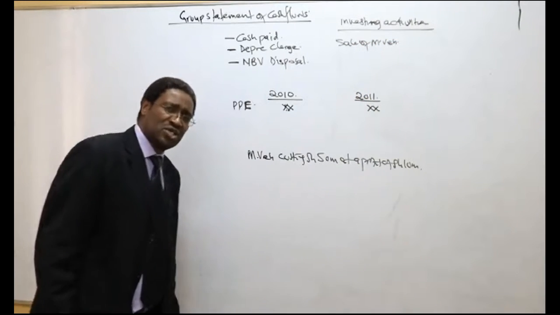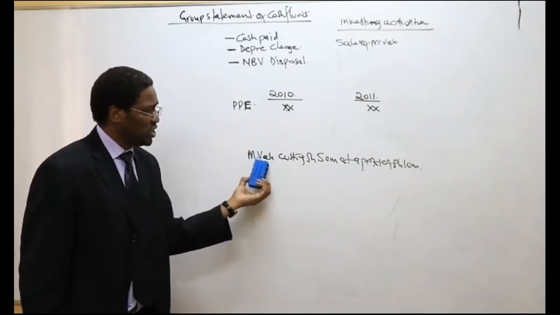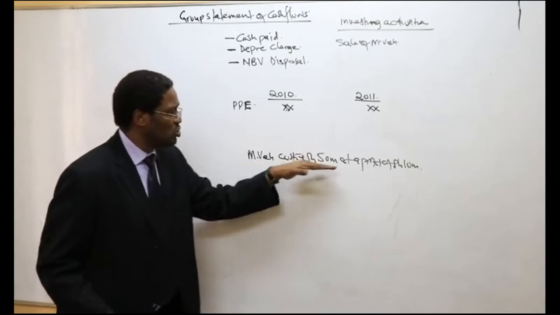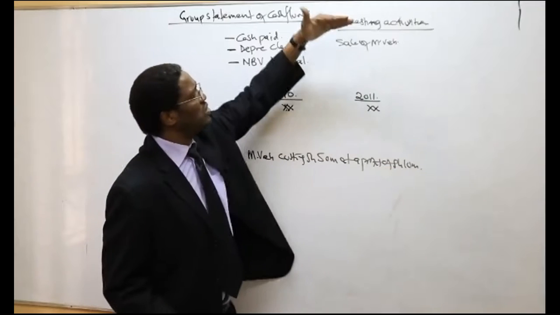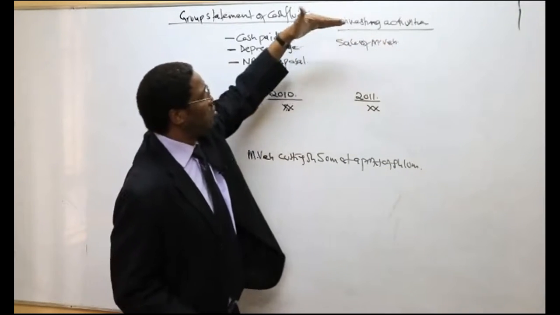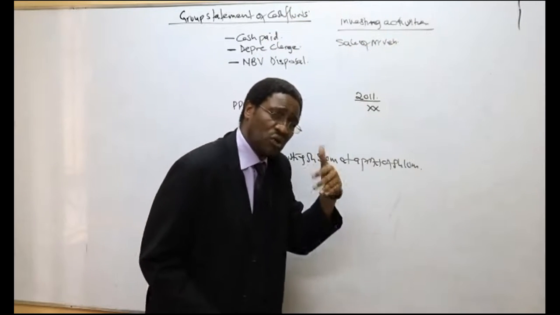If the examiner gives you that during the year the company sold a motor vehicle costing 50 million at a profit of 10 million, how much would you take to the cash flow statement as the cash received from the sale of machinery or motor vehicle?